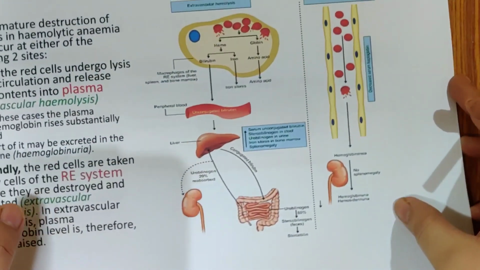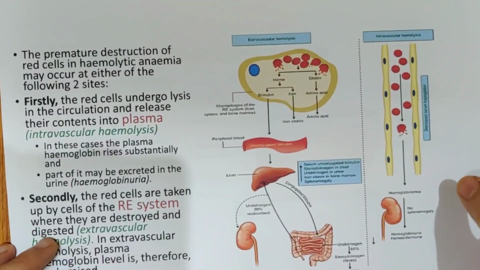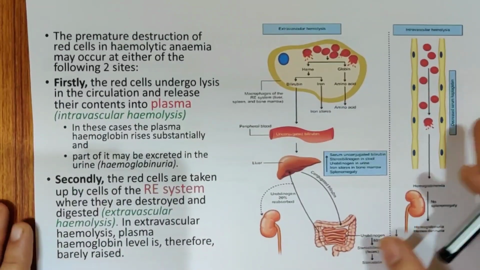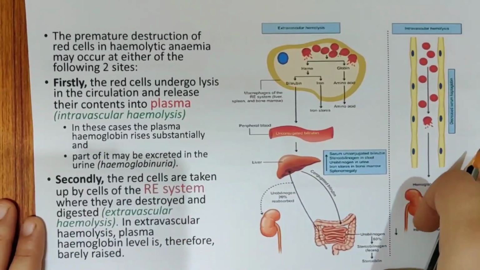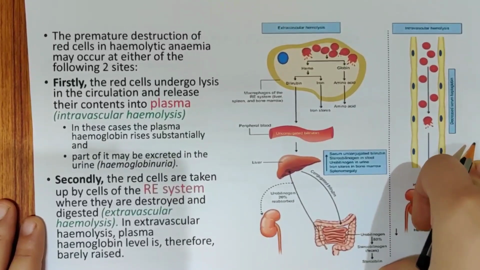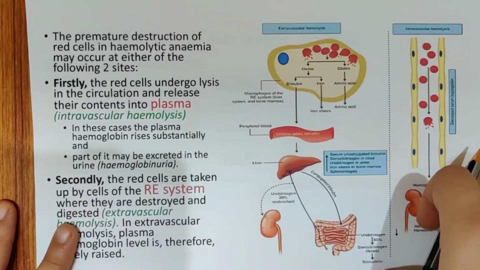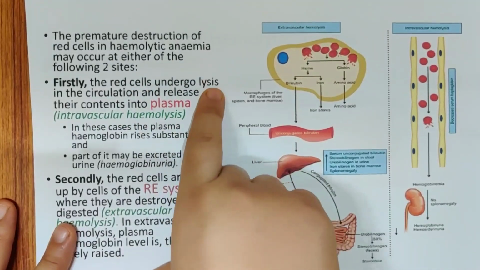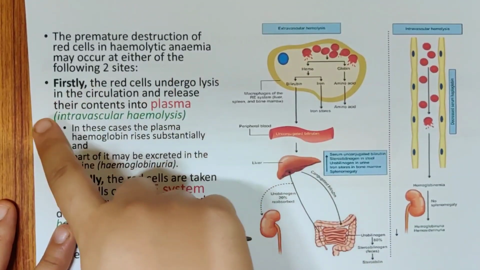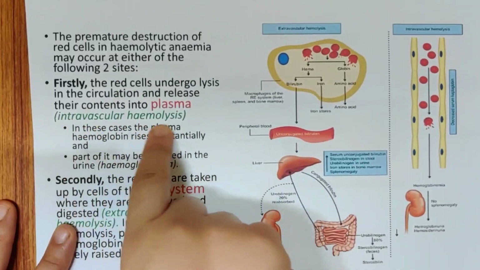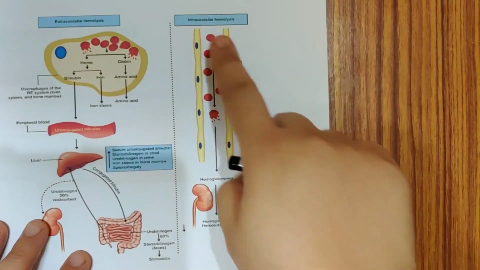Now we need to understand the different types or the classification of hemolysis. The premature destruction of red cells in hemolytic anemia can occur in two sites. Firstly, the red cells undergo lysis in the circulation and release their contents into the plasma. That is intravascular hemolysis. That is inside the blood vessels.